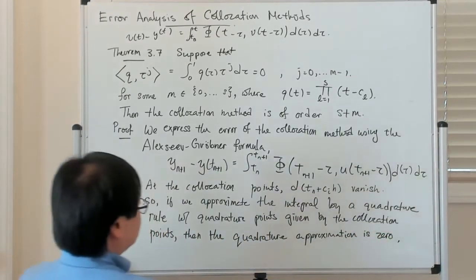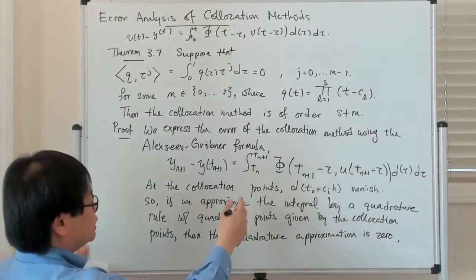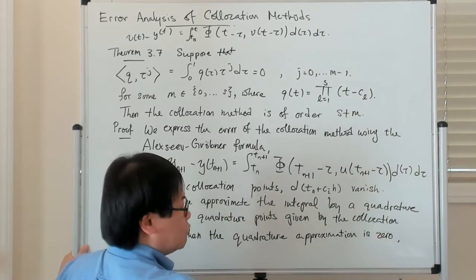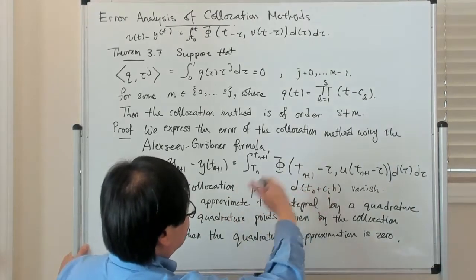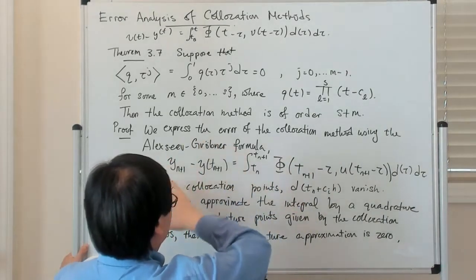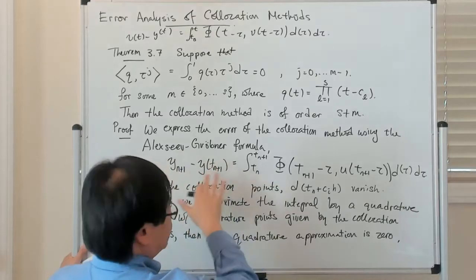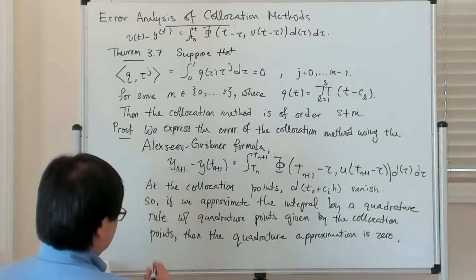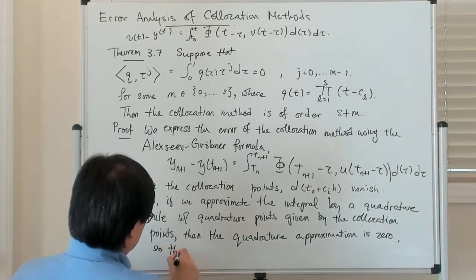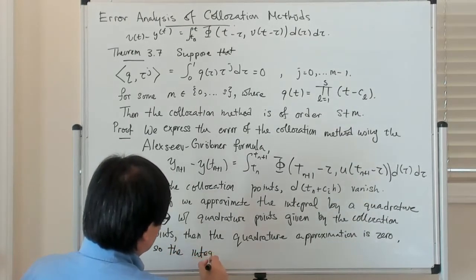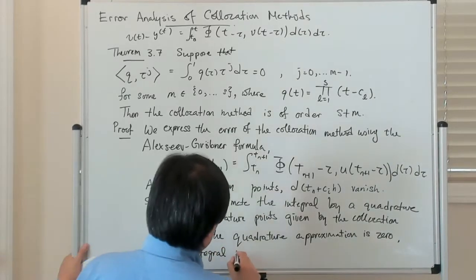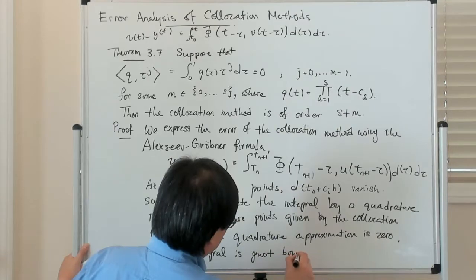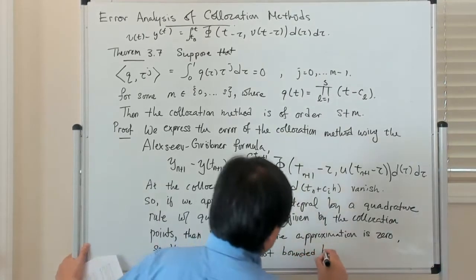Okay, and so that integral, of course, is the quadrature approximation plus the quadrature error, and so the local error of the collocation method is then related to some quadrature error. So the integral is just bounded, if you will, by the quadrature error.